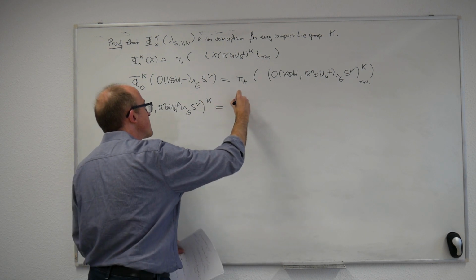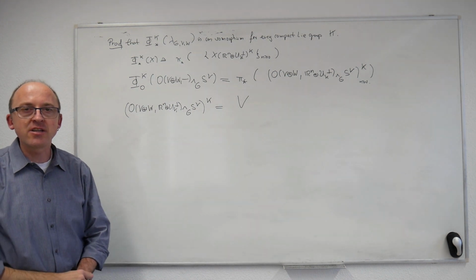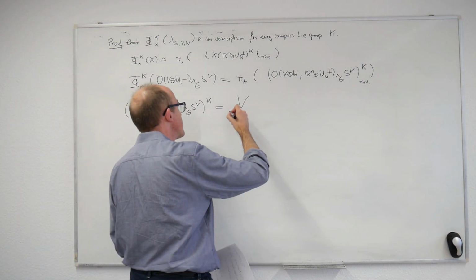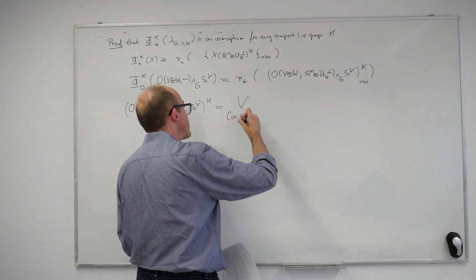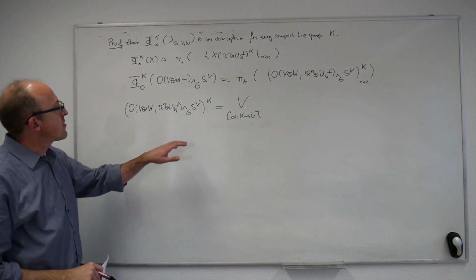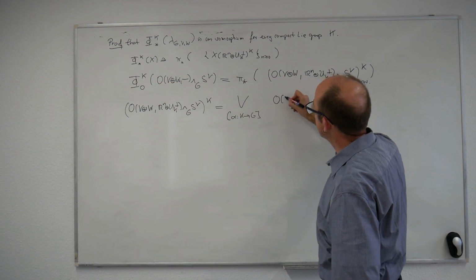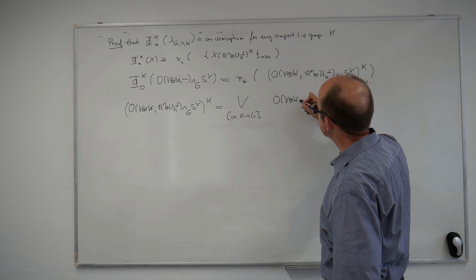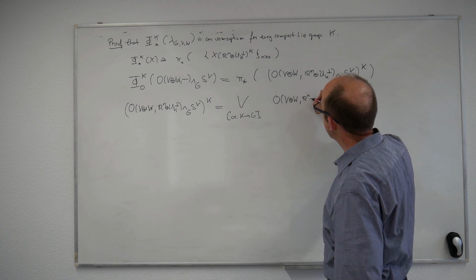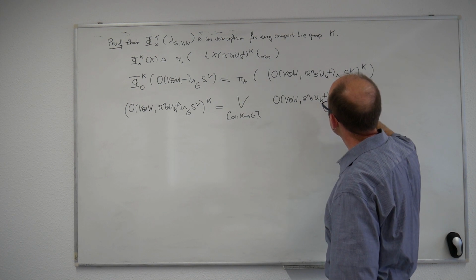So the formula is now a wedge because we're in the based situation. It was a direct sum, a disjoint union, in the unbased situation. This is over conjugacy classes of continuous homomorphisms from K to G. And then we had to take the fixed points under the graph inside. So this will be O of V plus W into R^n direct sum U^K perp smash S^V.